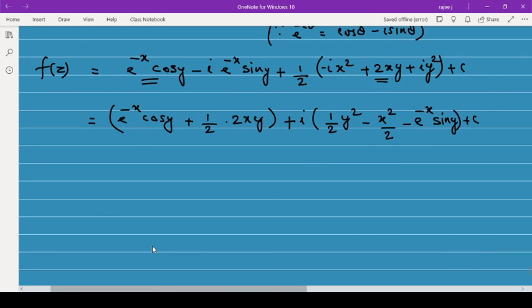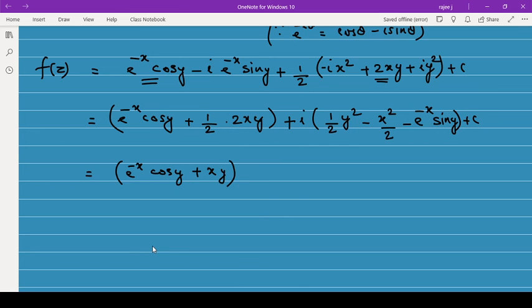So now look at the question, whether you have that as u. So this is equal to e raised to minus x cos y plus xy. This is your u. Plus here i into what you will have.